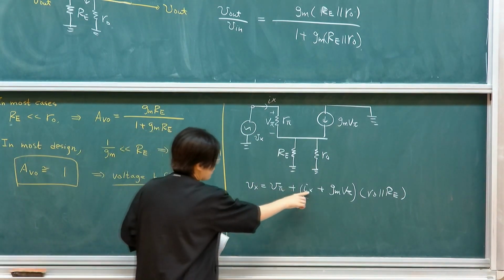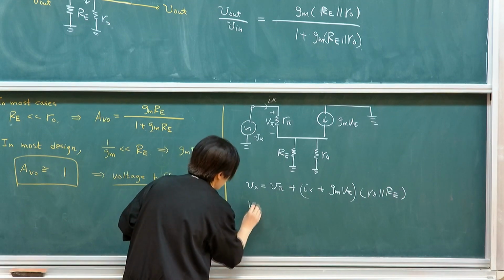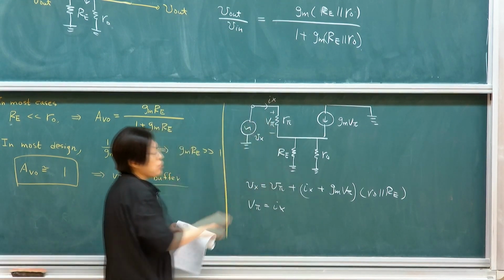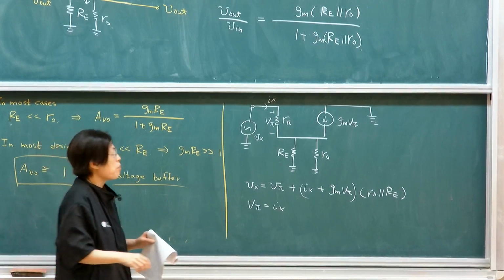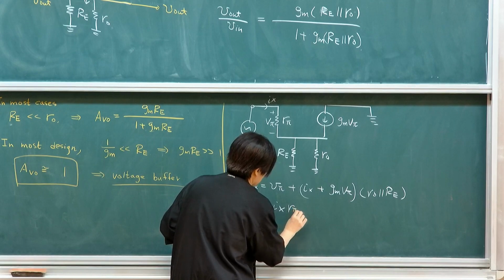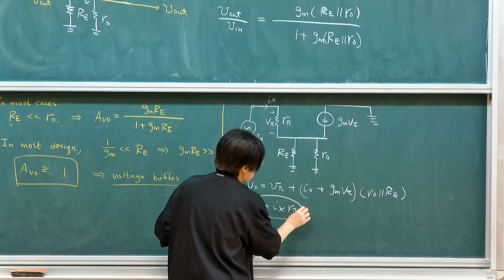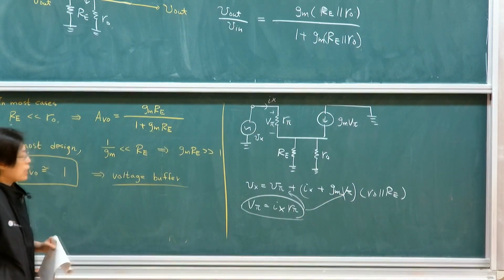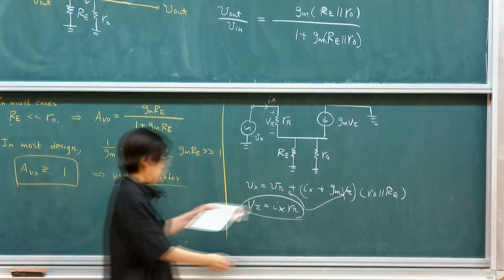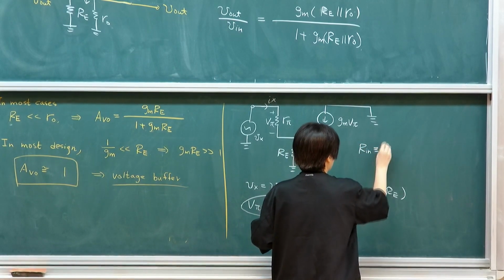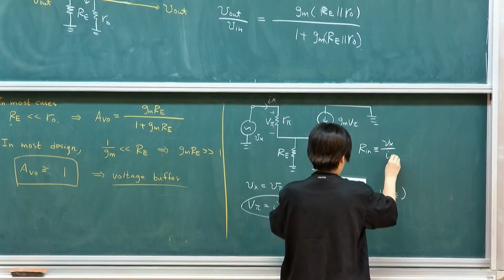And then we know that V pi is Ix times R pi, because there's only one branch, and Ix is actually the base current. So V pi equals Ix R pi. We substitute this into here and here, and then we can get the result of Vx as a function of Ix, and Rin by definition is Vx over Ix.